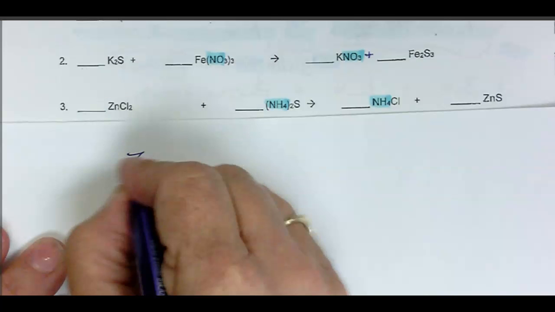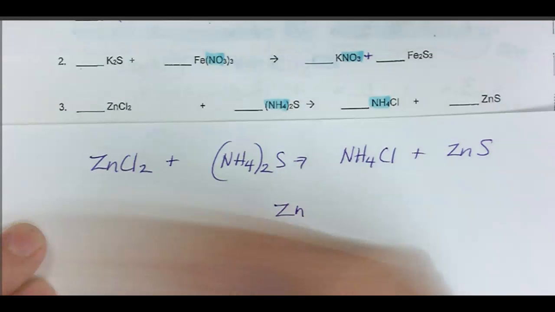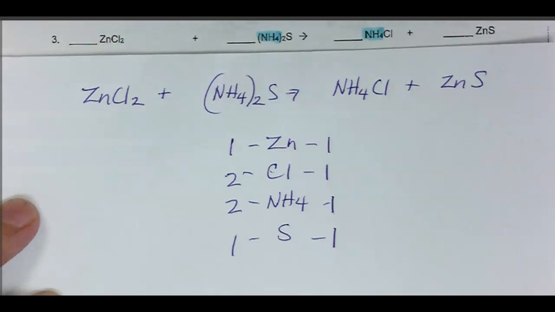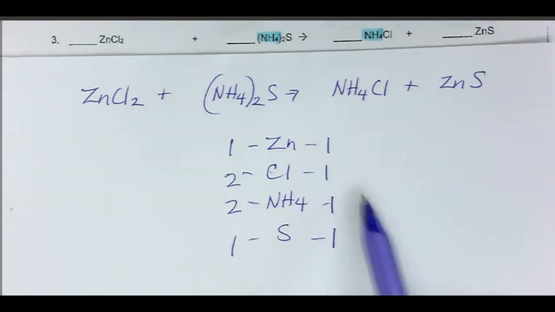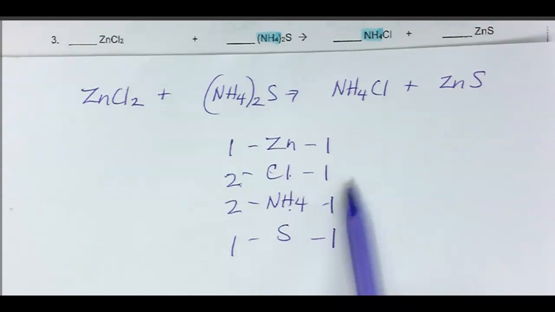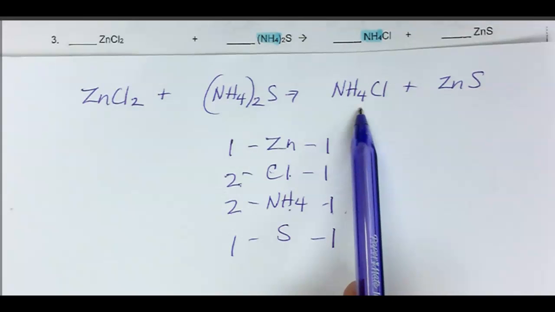Okay, so number 3. Again, let's count. Okay, so I have my count done. See if you agreed with me. And then let's get started. So it looks like just my ammonium and my chlorine are off. They're together here, so that's going to work fairly nicely.